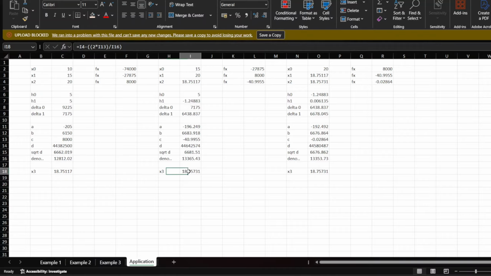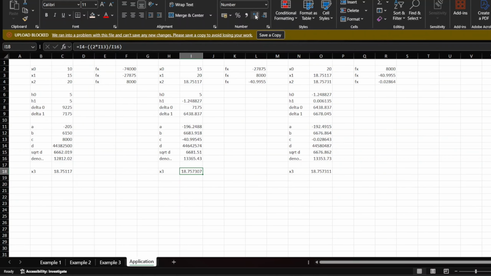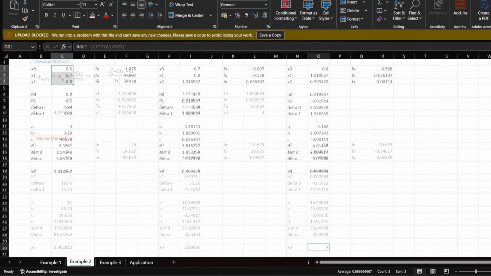You can see that we got the nearest answer from this x3, which is nearest to 18.757312, if not mistaken. Actually this is not the same, because this one ends with 07 and this one ends with 11. After that we will get the exact value, which is 18.757311.